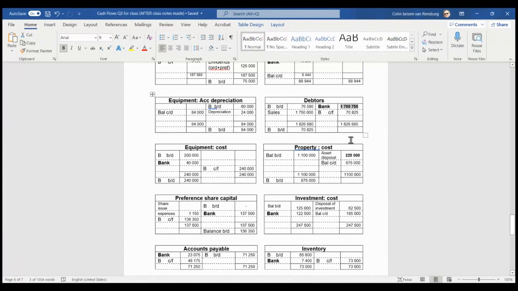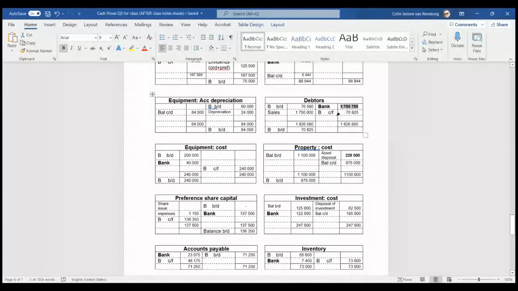So our balancing figure, and we've conceptualized it, represents our contra account of bank, which in turn represents the money that we've received from our debtors as payments. As soon as we write the word bank, if bank is our contra account, we know that there's a flow of cash, and if there is a flow of cash, it means in turn that it's a figure that we can use on the face of our statement of cash flows.